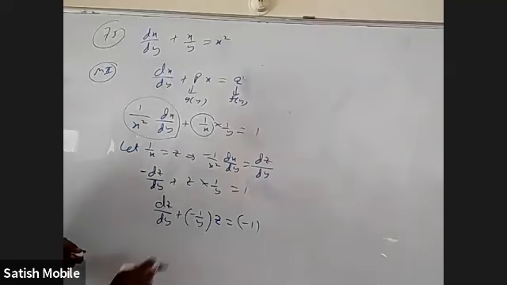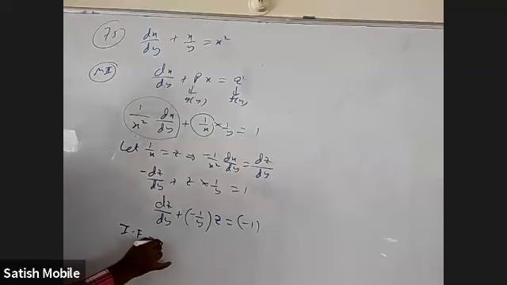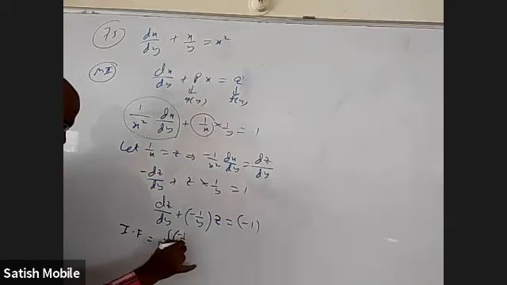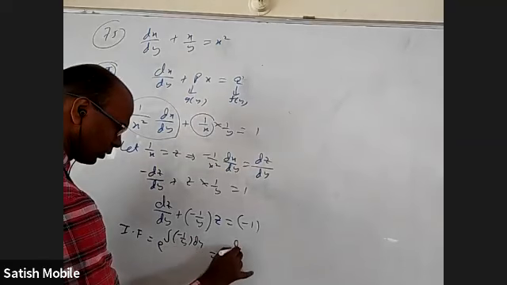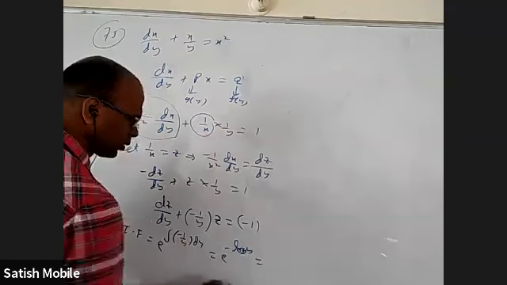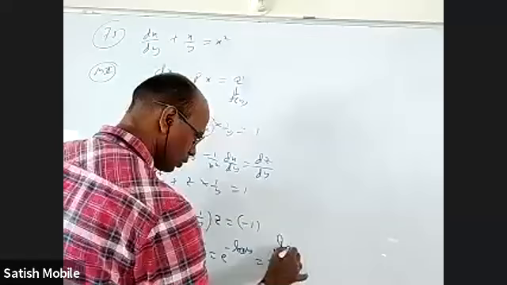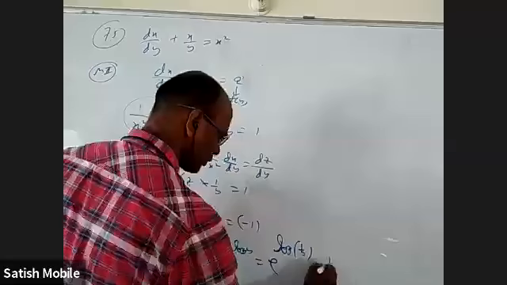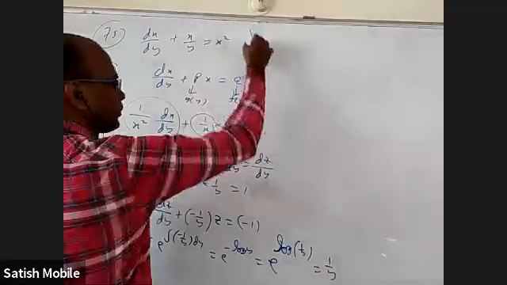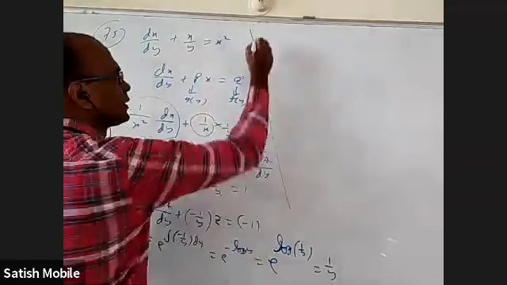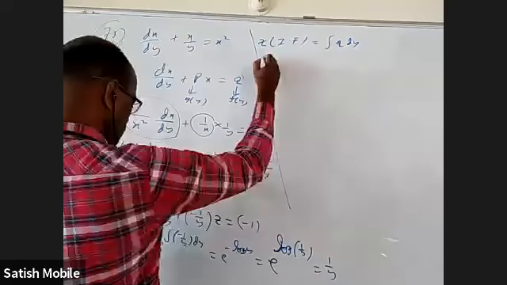Now the integration factor we have to find. e power integral minus 1 by y dy, e power minus log y. If the minus goes inside, it will become e power log of 1 by y, which is 1 by y. So now z into integration factor equal to integral q dy.